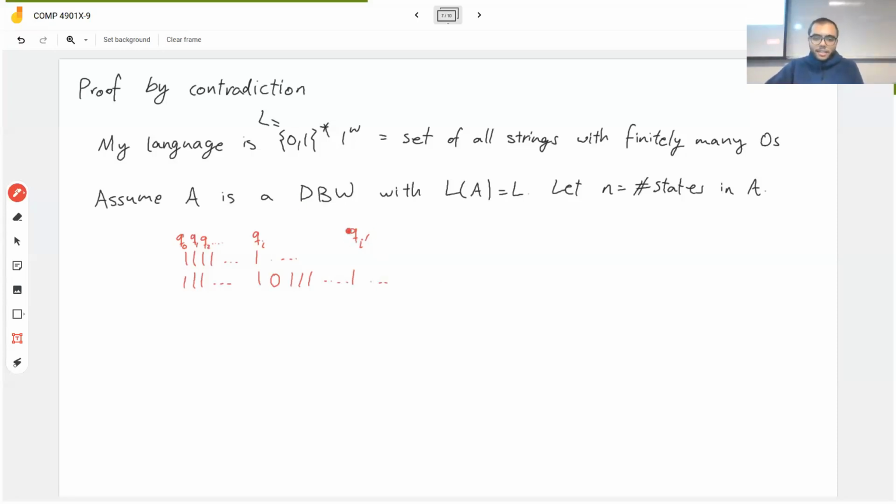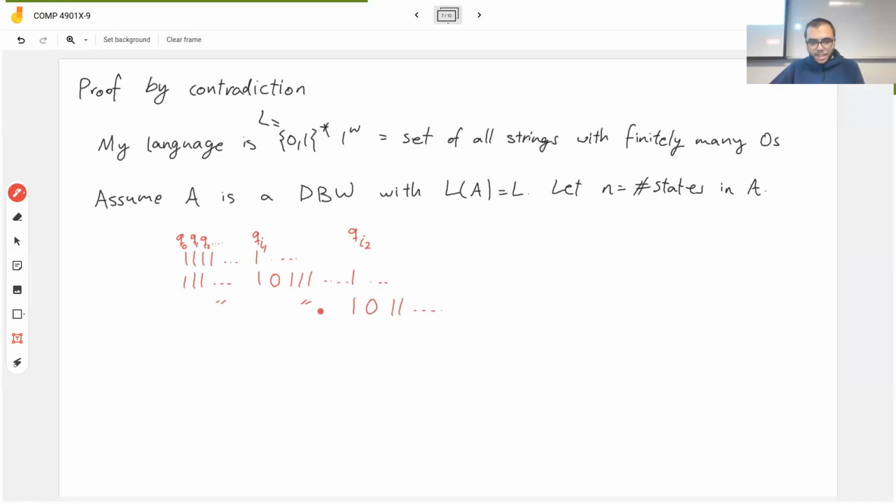Now I can do the same thing. Actually, let me change the names. Instead of i and i prime, let's say this is Qi1 and this is Qi2. I know that if I start from here and I run this string, I will reach an accepting state here. So I do the same thing. Let's copy this, but then instead of just putting 1s after this, I put a 0 and then I put all 1s.